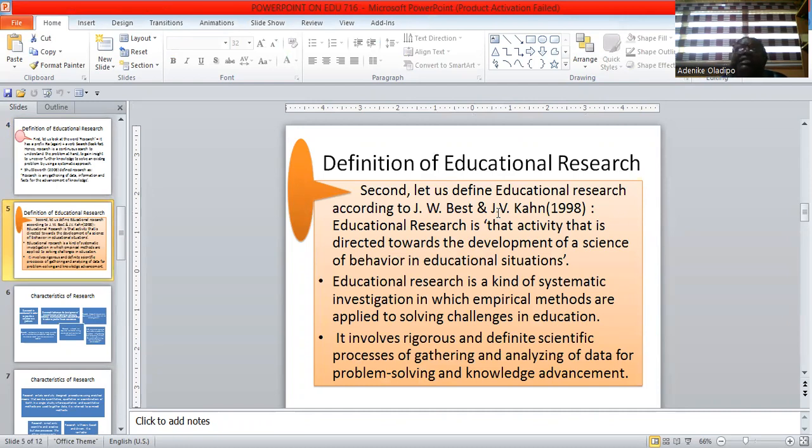And when we do it in the educational setting, we refer to it as educational research. It involves rigorous and definite scientific process of gathering and analyzing of data for problem solving and knowledge advancement.